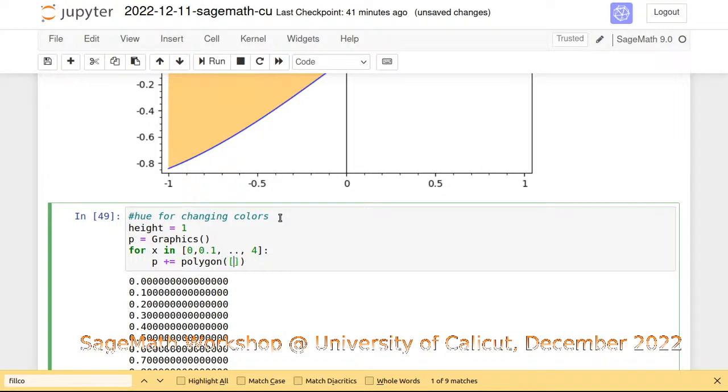So the list of points we have to specify. So from where to where, how did we do that? Polygon yesterday, let me just see. What was that yesterday? It's a list of points, a list of lists. So first point is x, next point is x plus 0.1.